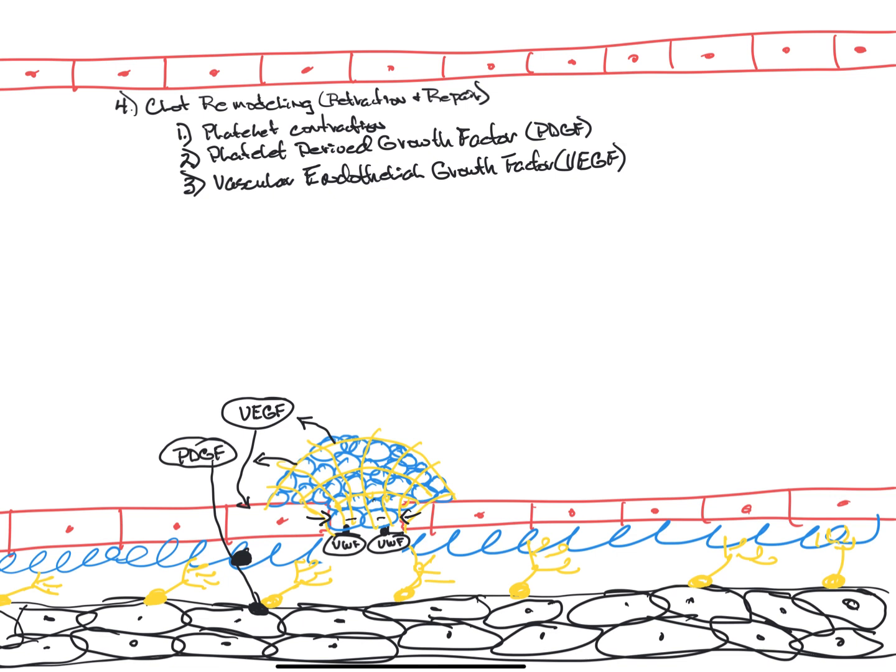Okay, now that brings us to step number 5. And again, this step is generally not included within the clotting cascade because it is the way in which clots are dissolved. But it's a very important normal process that occurs in your body. So step number 5 is fibrinolysis.